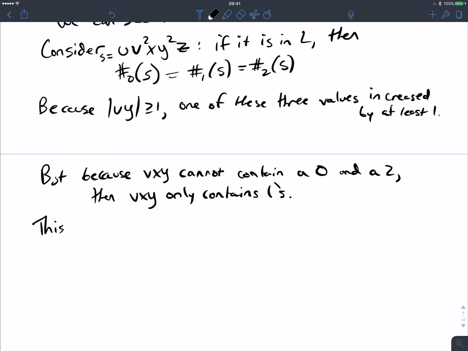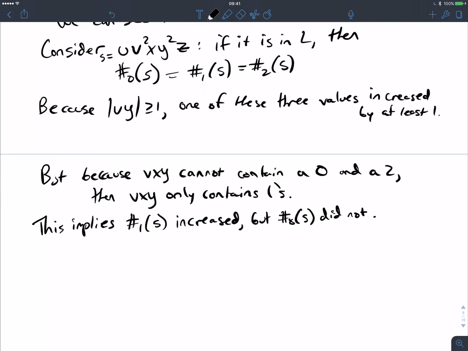This implies the number of 1s in S increased, but the number of 0s in S did not. So now the number of 1s in a particular string increased, and the number of 0s didn't increase.